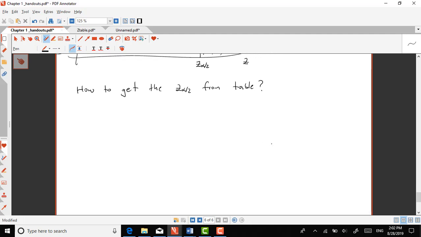To figure that out, first notice that what the table gives us is not the probability to the right, but the probability to the left.